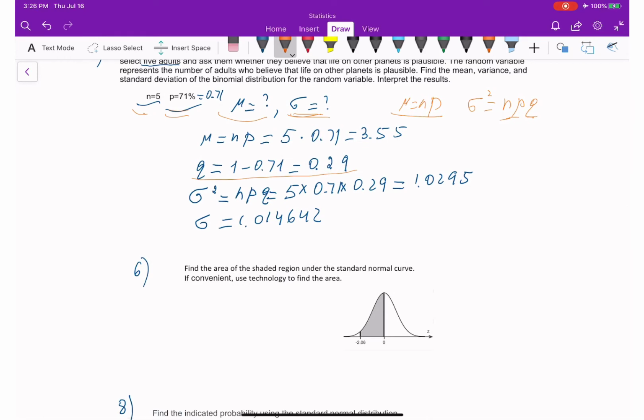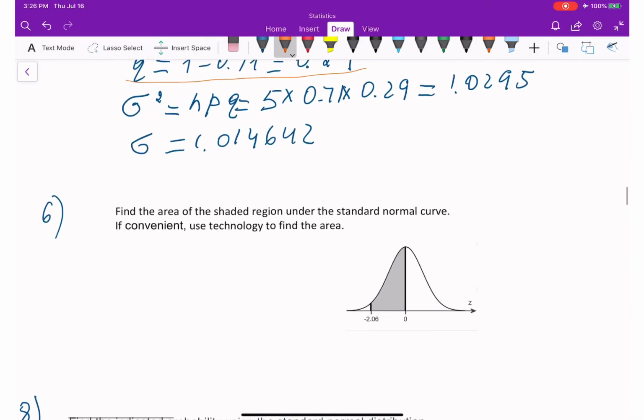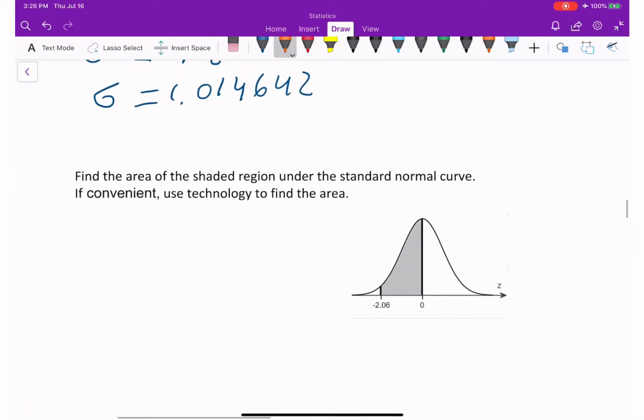Okay. Number 6. Find the area of the shaded region under the standard normal curve. If convenient, use technology. So we're going to use the table. Okay. So between, we have to find this shaded region. Practically we need to find the probability for z-score negative 2.06 and then the probability for z-score equal to 0.